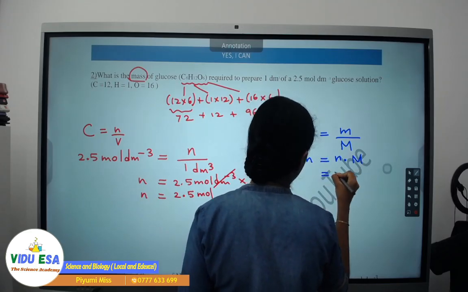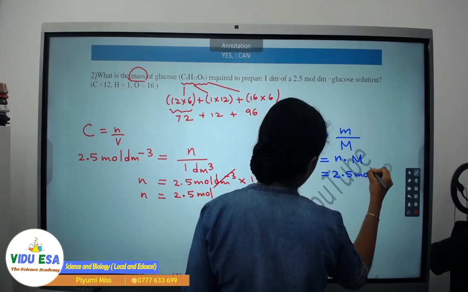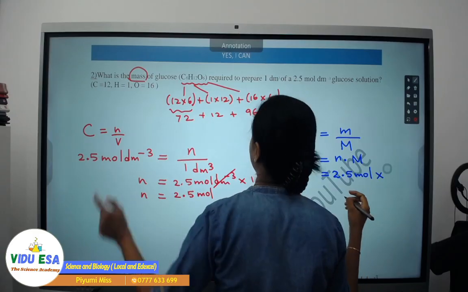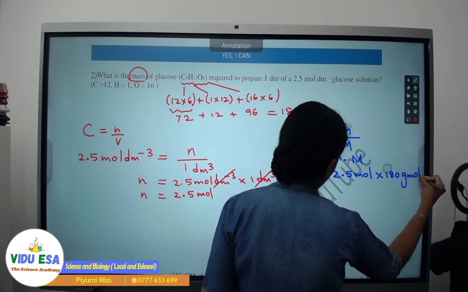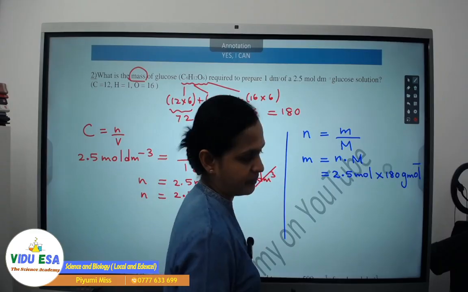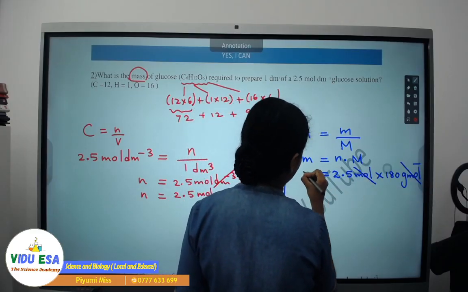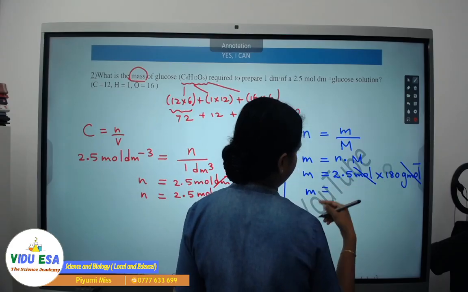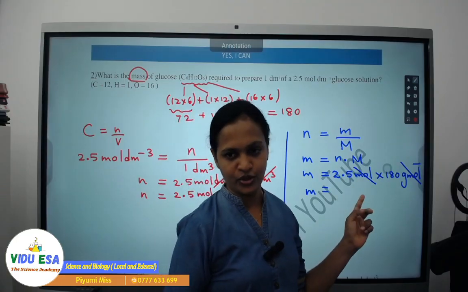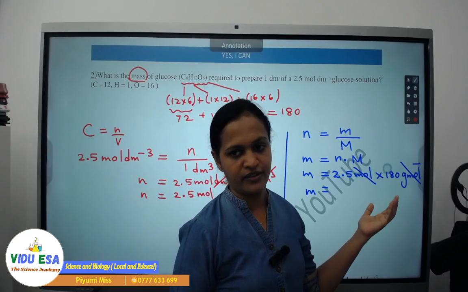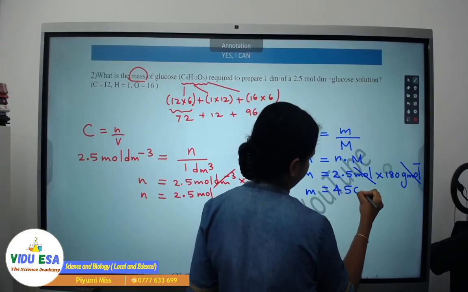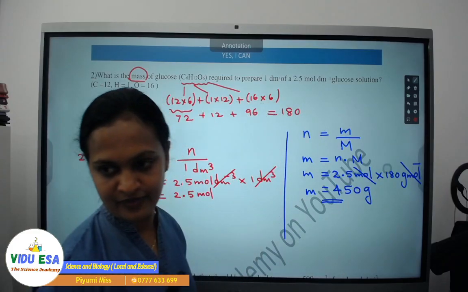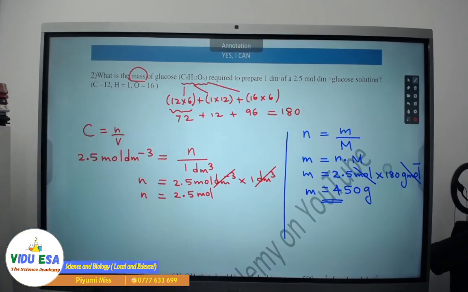So 2.5 moles multiplied by the molar mass. Relative molecular mass taken in grams is the molar mass. The mass equals 180 into 2.5. 180 into 2 is 360, 0.5 is half, 90. 360 plus 90 is 450. 450 grams. Most of the answers I saw were 450.